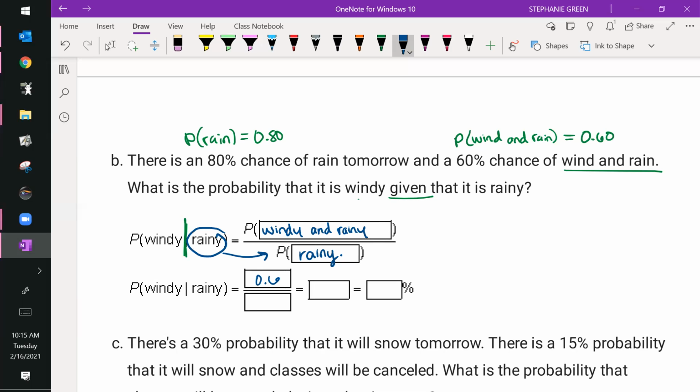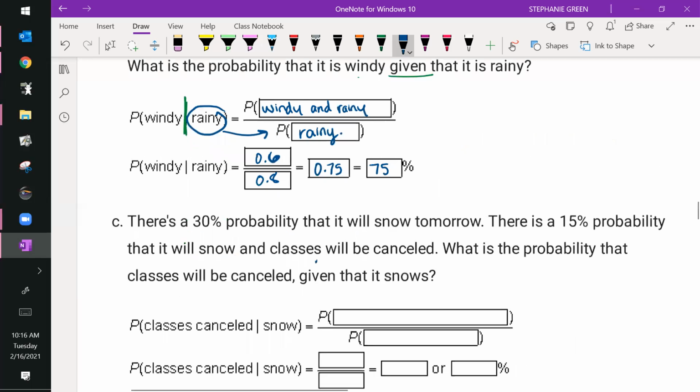And the probability of it being rainy was 0.8. Okay, so we got 0.6 over 0.8. You can grab a calculator though there if you need to, or you can notice this is 3 over 4, or 0.75, which is a 75% chance.